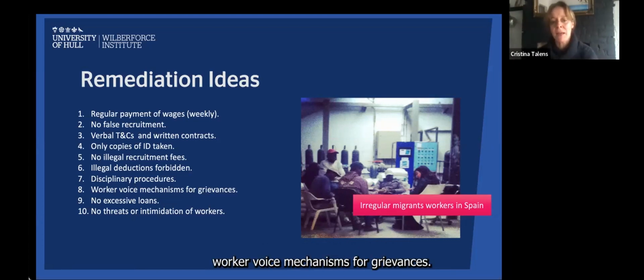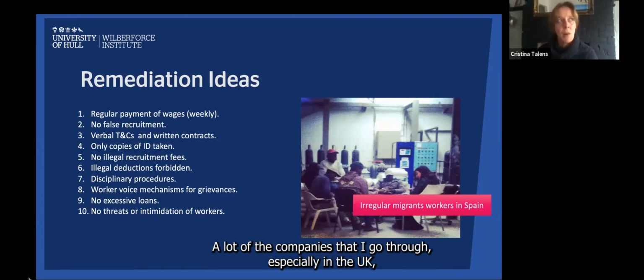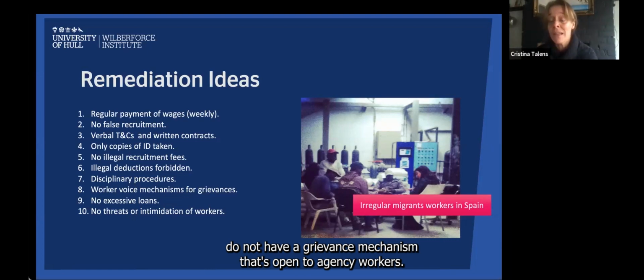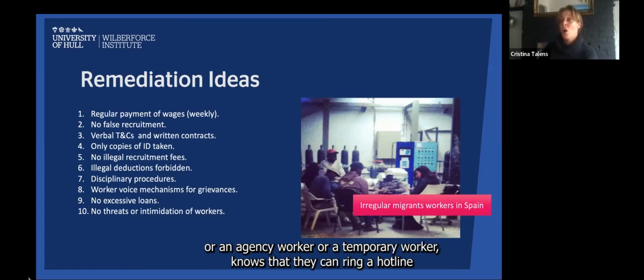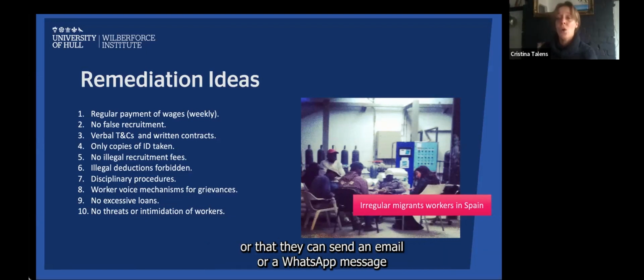So you want them to be able to tell you that, at least verbalize it. Check worker voice mechanisms for grievances. A lot of the companies that I go to, especially in the UK, do not have a grievance mechanism that's open to agency workers. I would say this is a problem. You always have to make sure that every worker on a site, whether it's a subcontractor or an agency worker or a temporary worker, knows that they can ring a hotline or send an email or a WhatsApp message if they come across a problem that could be considered unethical.